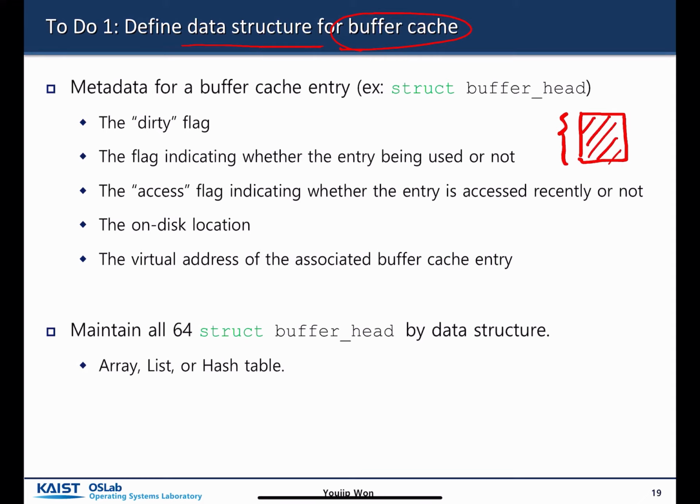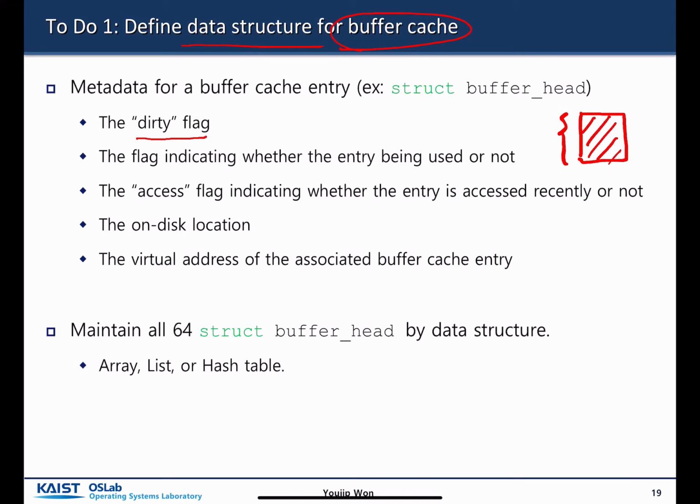So it has to contain a dirty flag. Dirty flag denotes whether a given content has been changed since it was read from the disk. And it needs to have a flag indicating whether the entry is being used or not.